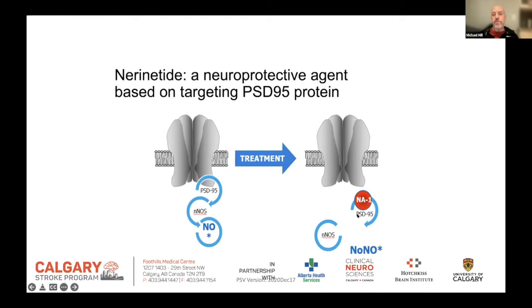Anyway, it turns out that what NA1 does is it competitively interferes with the binding between a structural protein, PSD95, which stands for postsynaptic density 95 kilodaltons. And this dissociation interferes with the activation of nitric oxide synthase. So when you get glutamate binding on the extracellular surface, calcium influx, and when you get massive calcium influx, you get overproduction of nitric oxide.